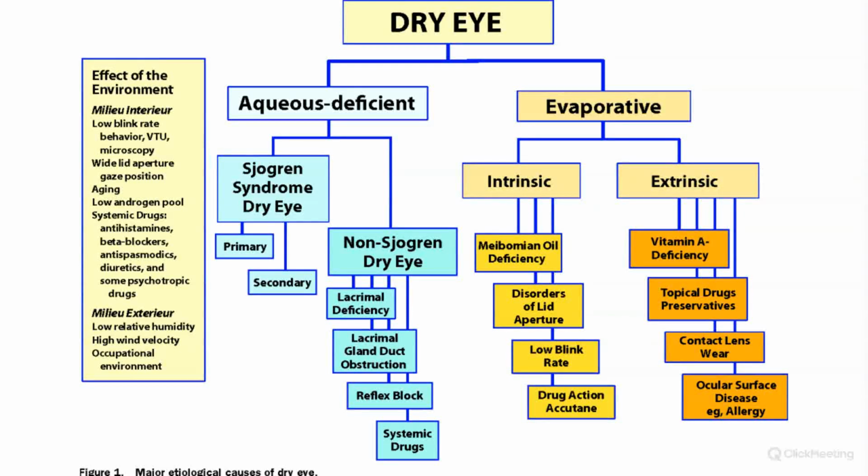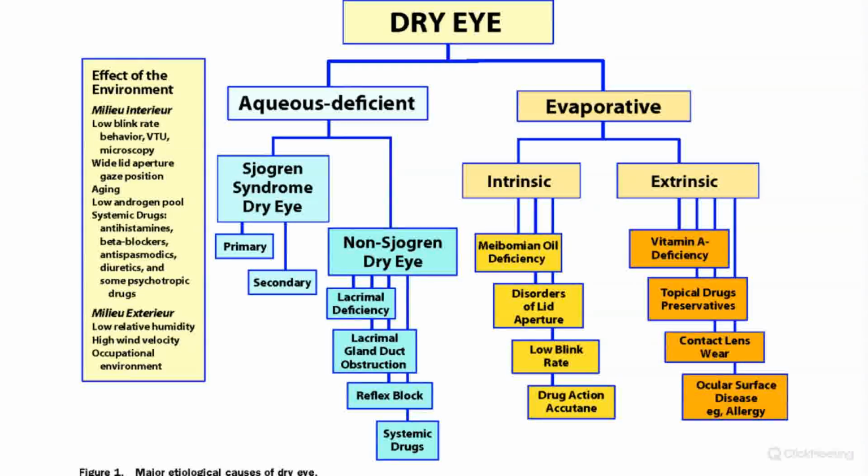Next is non-Sjogren dry eye, but it's still connected with production of fluid or tears, so there will be a problem with the medium level of the tear film. And evaporative dry eye is mostly what you are dealing with. It's mostly eye conditions, or connected to contact lens users, or to some ocular surface diseases like conjunctivitis, keratoconjunctivitis, and so on.